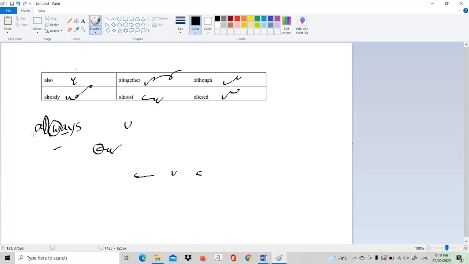Ngayon, kung i-stroke mo yung vowel and vowel together, syempre magiging ganyan yan, U-A. Hindi maganda.